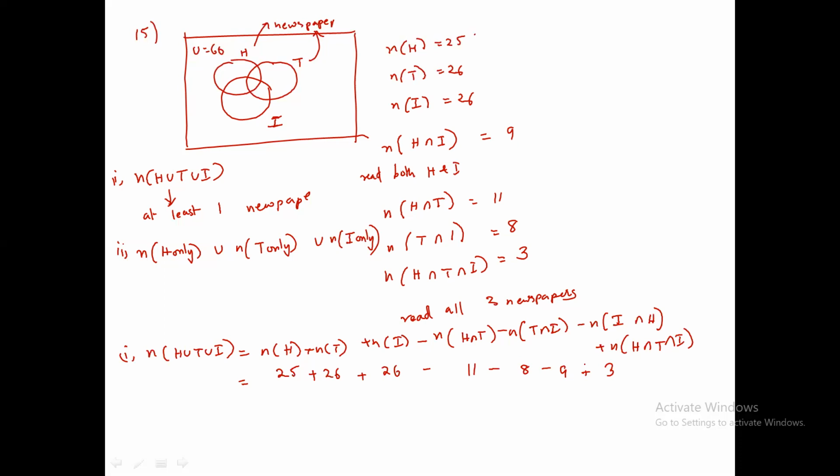Put all the given information, and this will be equal to 80 minus 28, that is 52.